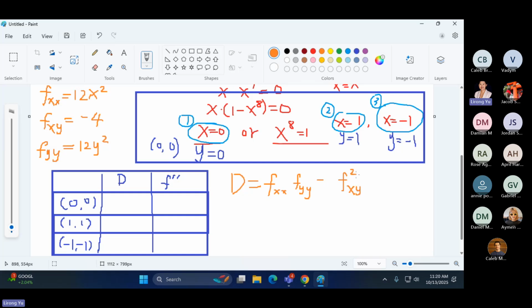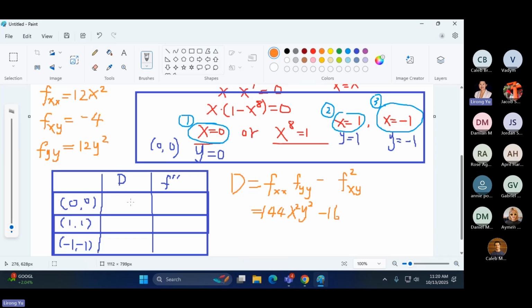It's the determinant of the second derivative matrix: cross multiply, subtract. I'm just trying to figure out a way for us to remember how D is defined. So it's equal to these two multiplied. 12 times 12 is 144, so it's 144x squared y squared, minus the negative 4 squared, which is minus 16.